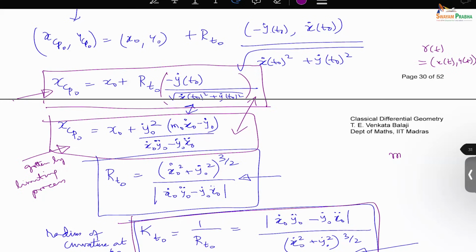The tangent vector is given by gamma dot, which is going to be x dot t comma y dot t, where dot denotes derivative with respect to t, d by dt. All right, and the slope of the tangent will be y dot by x dot, and therefore the slope of the normal is the negative reciprocal of that. So m is m of t actually, and this is going to be minus x dot by y dot. This is what your m is.